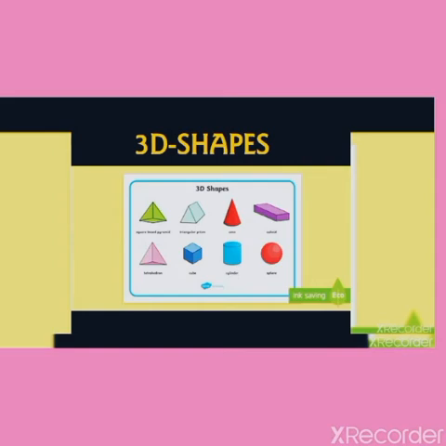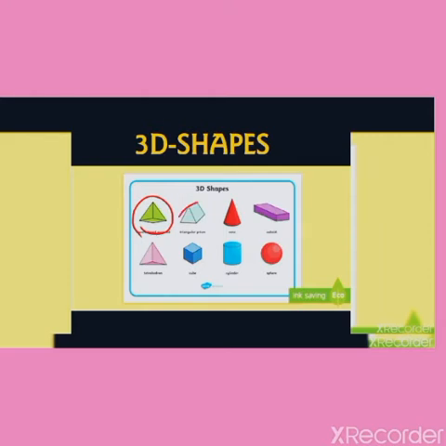Then next you move on to 3D shapes. 3D shapes are solid shapes, also known as solid shapes. The first one, just look, is your square based pyramid. See the base of the figure, it's in a square shape.